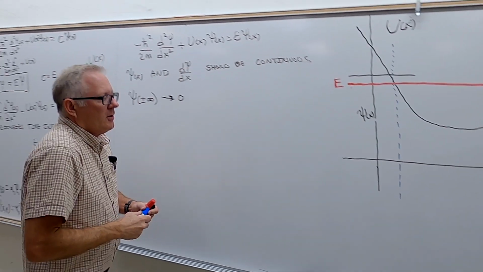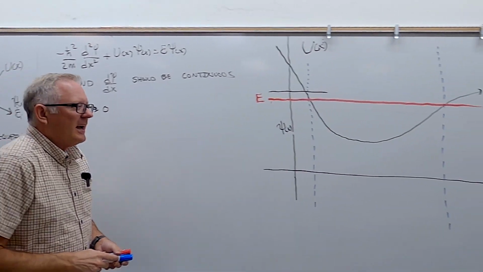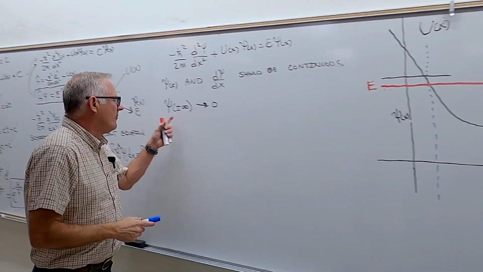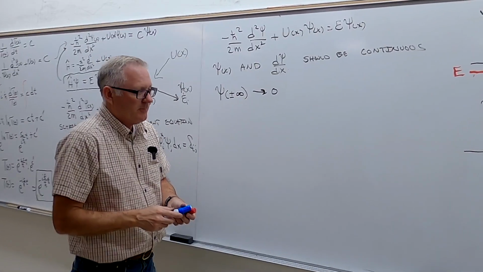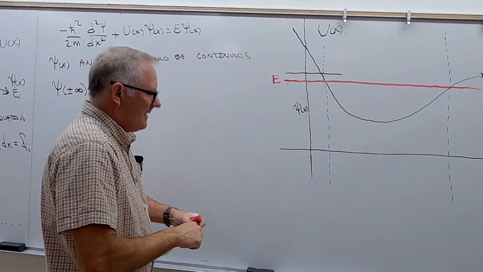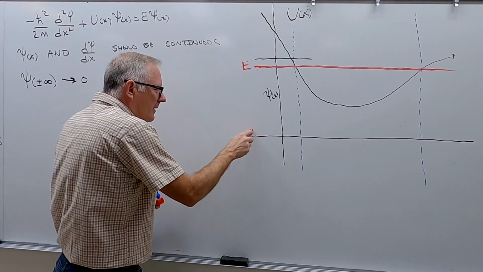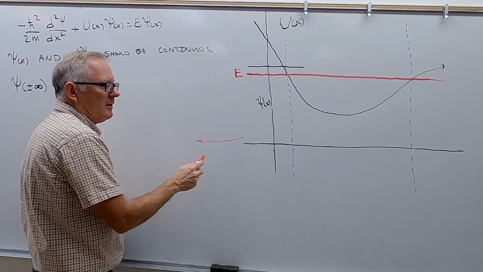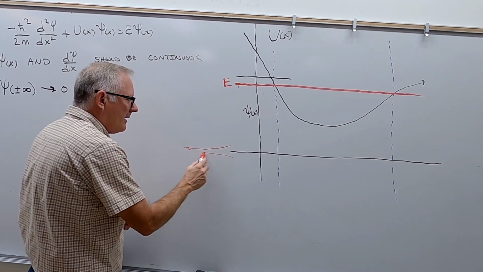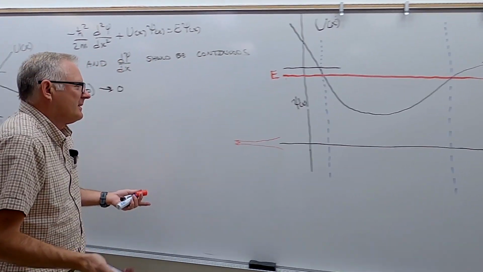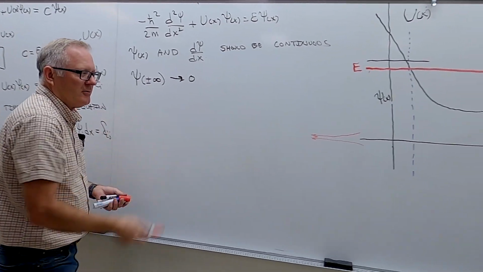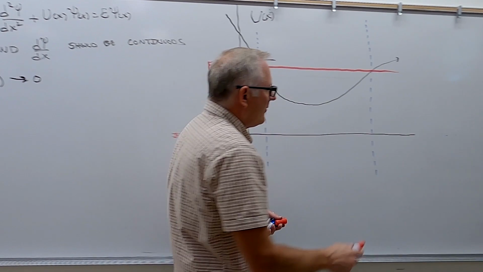So what does the psi look like? We already said out at infinity, it's got to go towards 0. So over here, it's either going to go down like this, or it could come from up below. It's got to be one of those. It can't be anything else when you come way out to infinity. Same with over here.